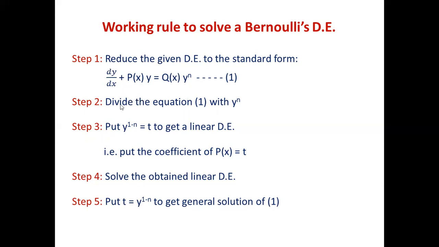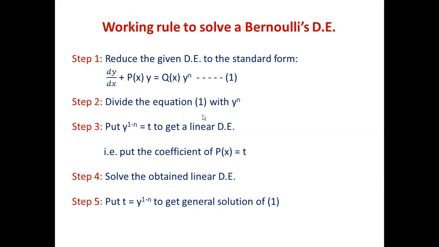In the second step, you divide the entire equation with y power n. And on dividing with y power n, you get the coefficient of p of x as y by y power n, which is equal to y power 1 minus n. So in order to reduce the equation to the linear form, you replace y power 1 minus n by some variable t.